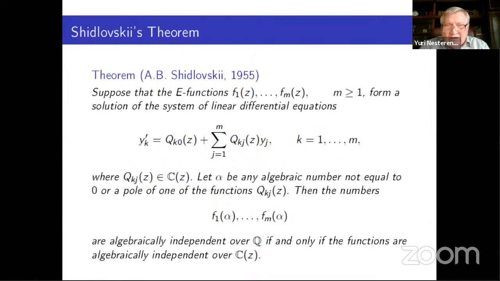If we have some set of functions, for example hypergeometric functions, what are the conditions on parameters A and B such that the functions are algebraically independent? This is a typical problem, and Shidlovsky's school had many results in this direction.